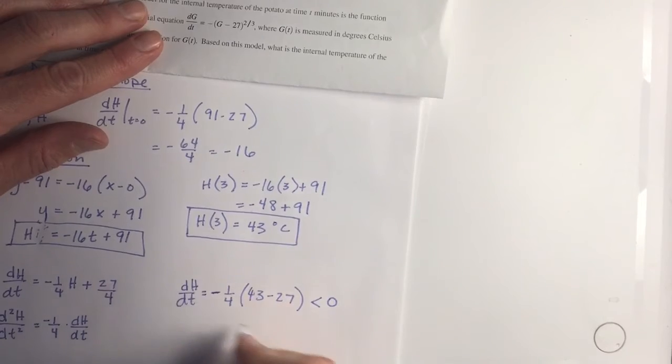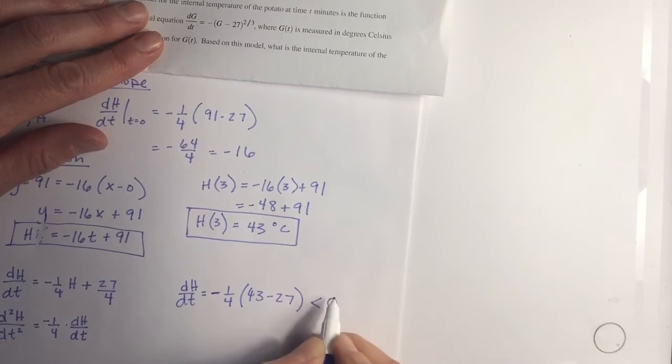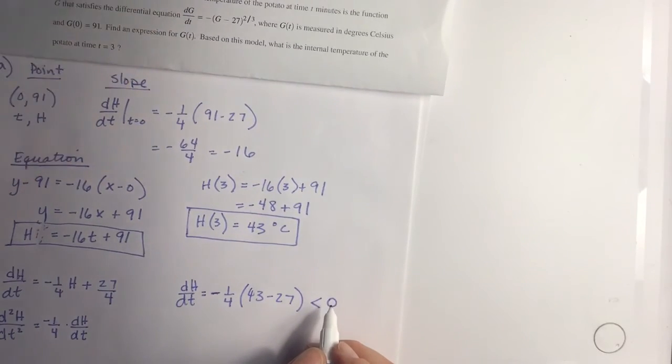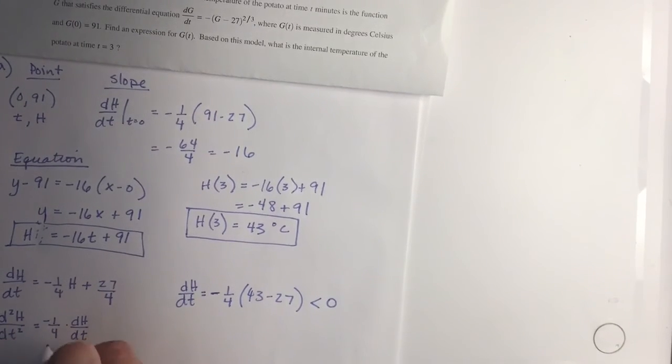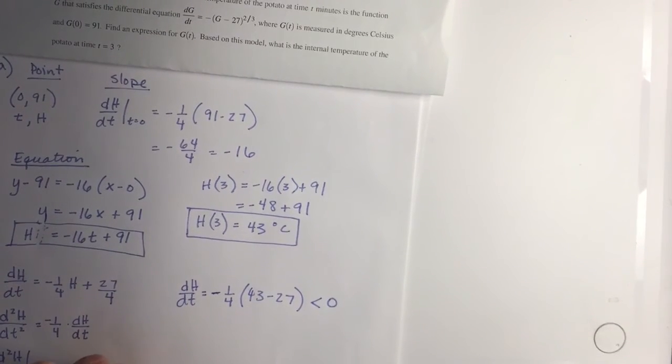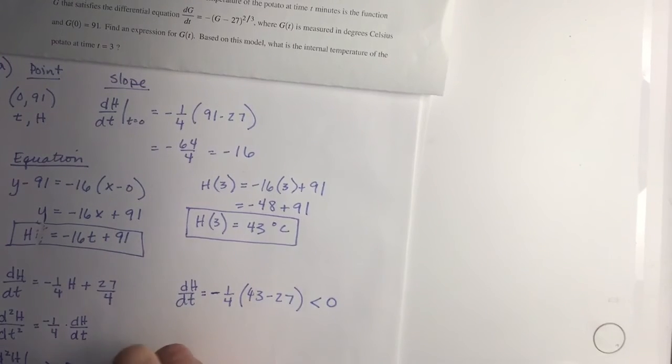I'm not even going to bother calculating it. So if dh dt is less than 0, then d squared h dt squared at 3 is greater than 0, because I'll have a negative times a negative, which is positive.